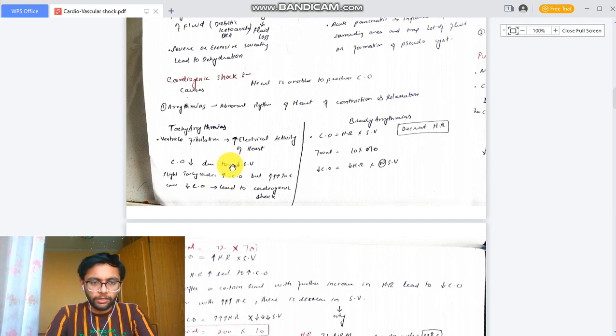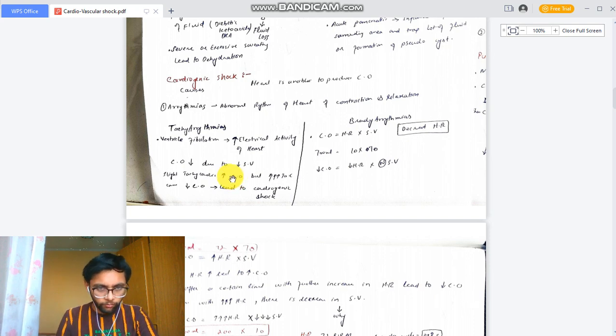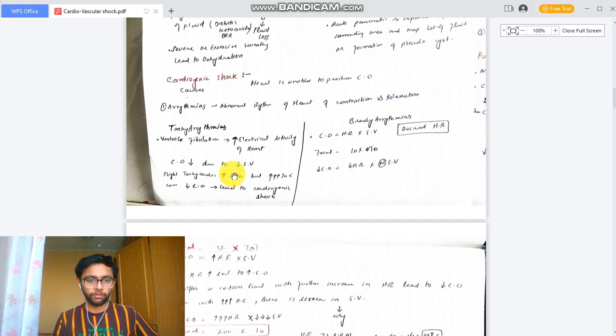If the heart was first beating at 72 beats per minute and now beats at 100 beats per minute, the beats increase but the stroke volume will decrease, because when the heart contracts rapidly it takes very little time for diastole to fill the ventricles. So stroke volume decreases, and then cardiac output also decreases.